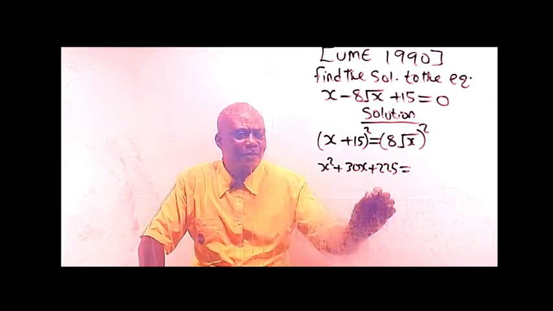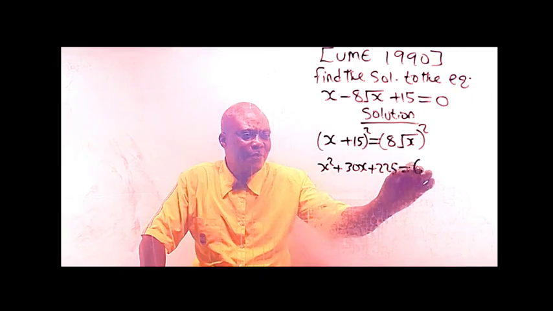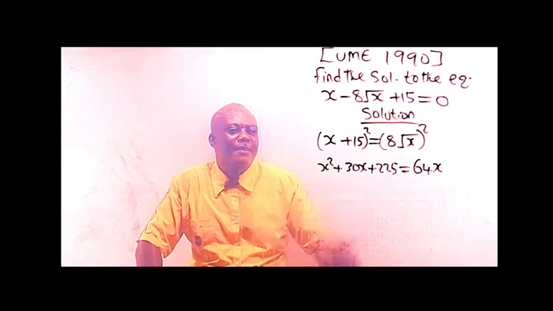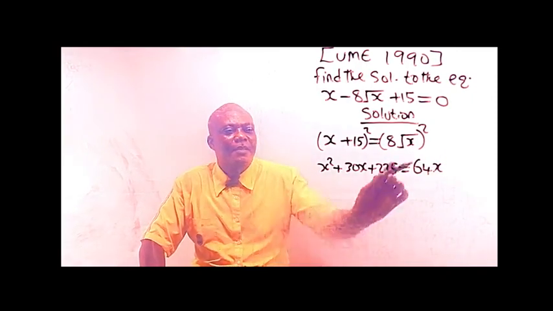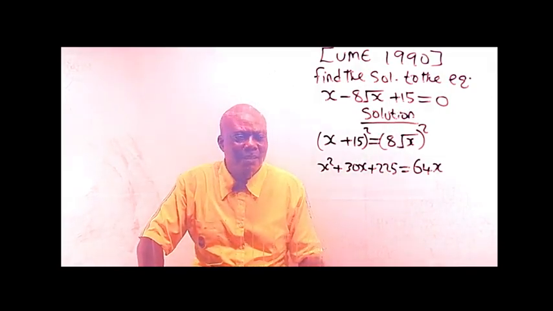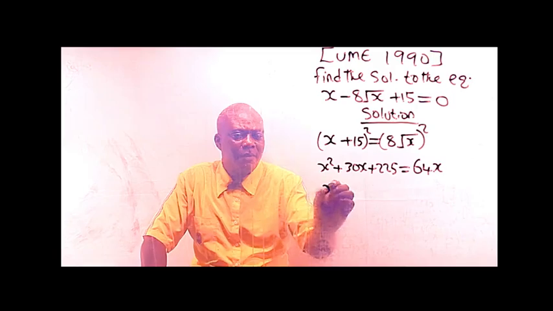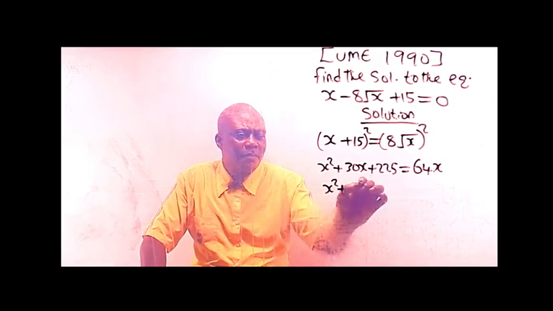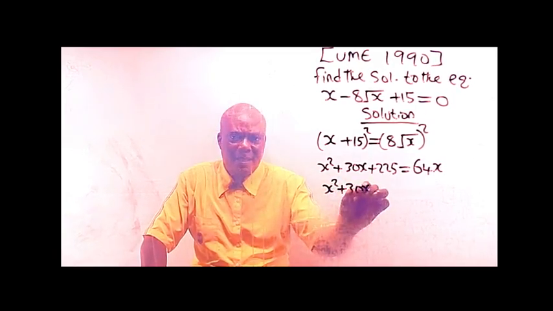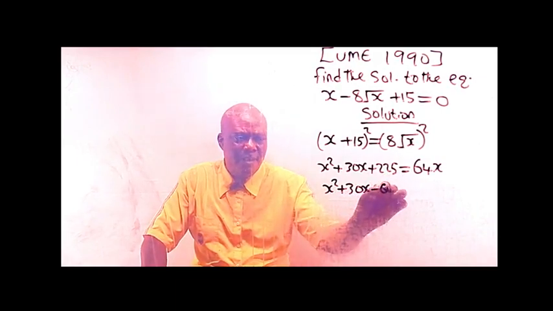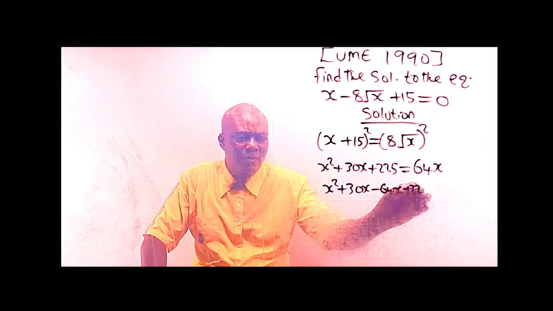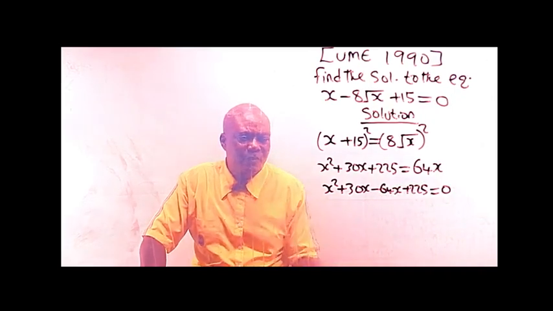I just do it this way. This one now we have 64x, because this one will just cancel out the radical. This one now will become x squared plus 30x minus 64x plus 225 equals 0.